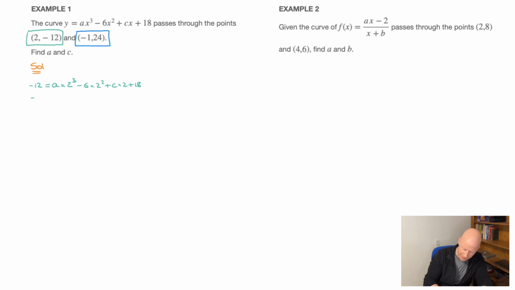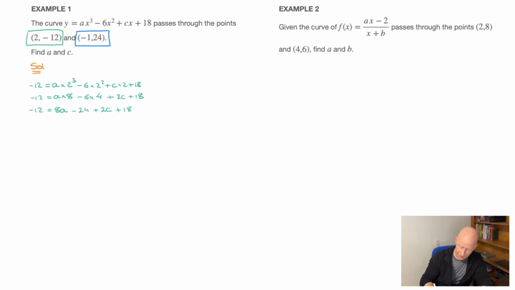That's -12, which equals a times 2 cubed, which is 8, so a times 8, minus 6 times 2 squared, which is 4, plus c times 2, which is just 2c, plus 18. I carry on. That becomes -12, which equals a times 8, which is 8a, minus 6 times 4, so that's minus 24, plus 2c, plus 18.